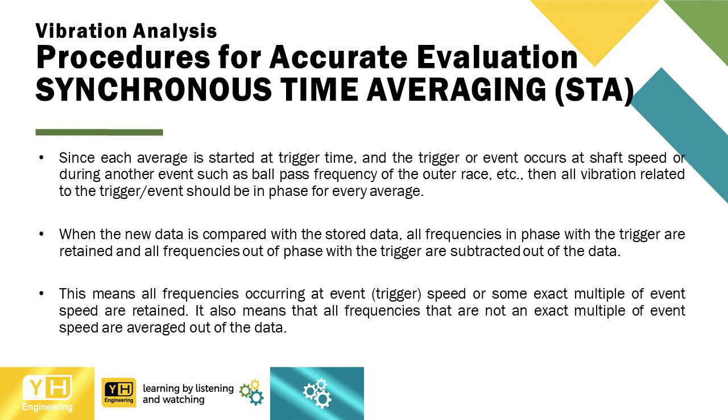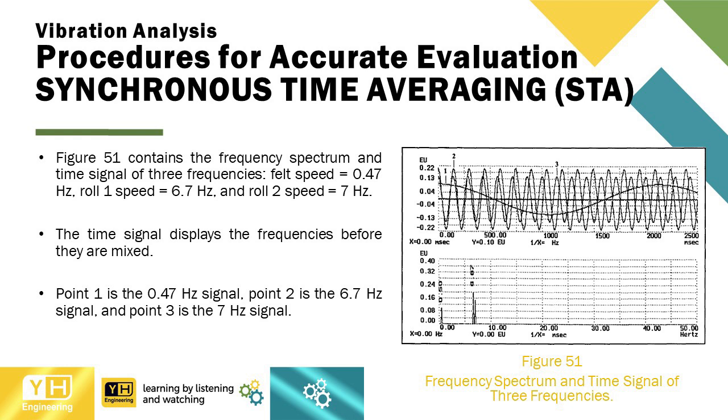Figure 51 contains the frequency spectrum and time signal of three frequencies: felt speed equal to 0.47 Hz, roll 1 speed equal to 6.7 Hz, and roll 2 speed equal to 7 Hz. The time signal displays the frequencies before they are mixed. Point 1 is the 0.47 Hz signal, point 2 is the 6.7 Hz signal, and point 3 is the 7 Hz signal.